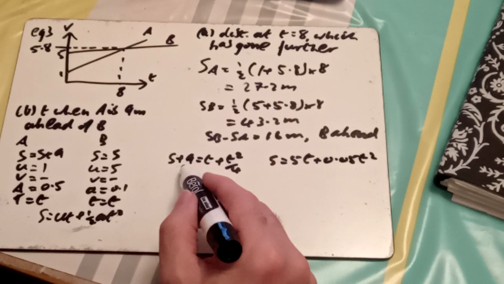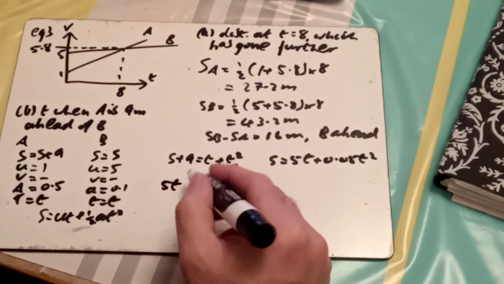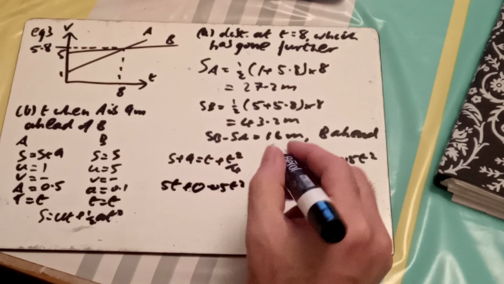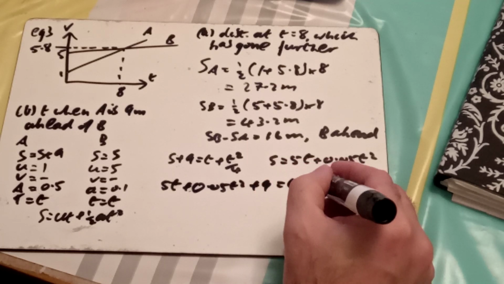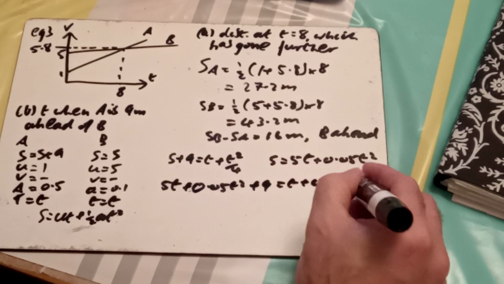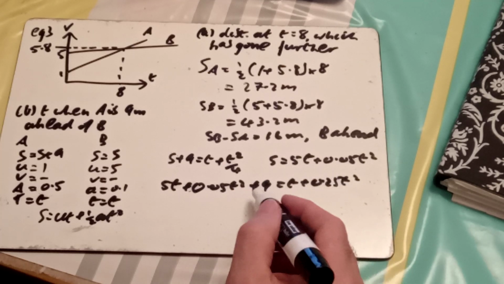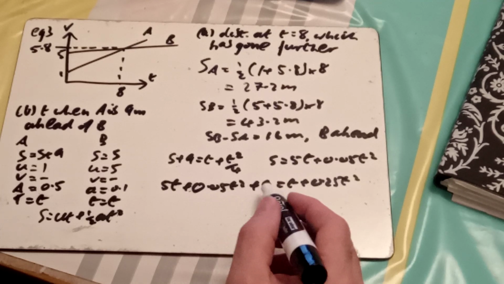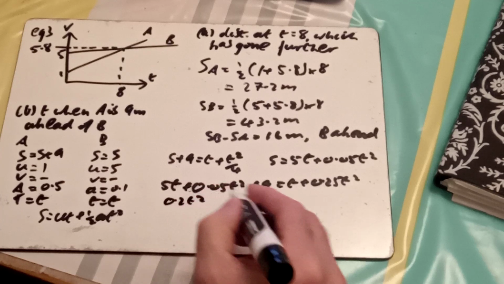And I can substitute that into that, eliminate S in my equation, and say that 5T plus 0.05 T squared plus 9 equals T plus 0.25 T squared. Move it all across, get my quadratic, and then look to solve it to find the time, and that's what the question is. So that taken away from that becomes 0.2 T squared.